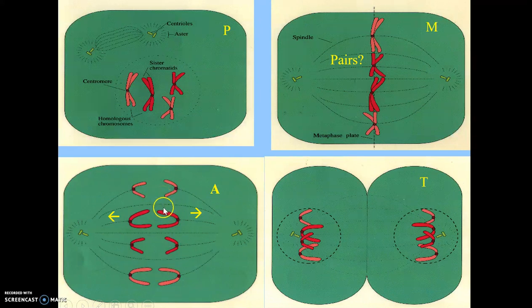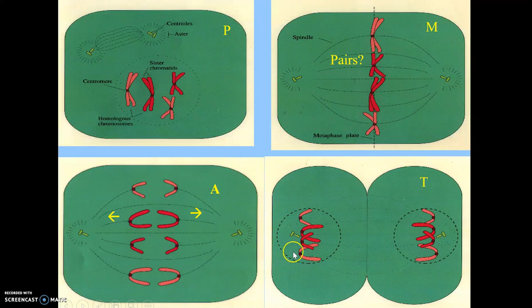So in this case, I'm going to end up with 4 chromosomes on this side and 4 chromosomes on this side, and they are going to be the exact same chromosomes, and each of the 2 nuclei that are formed will be genetically identical. So in anaphase, the sister chromatids are split at the centromere region and move to opposite sides of the cell.